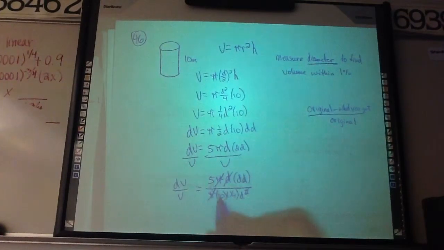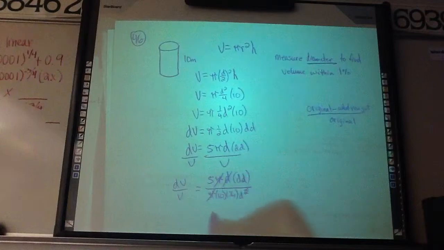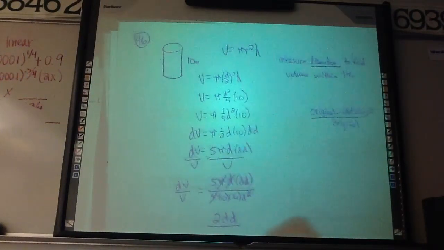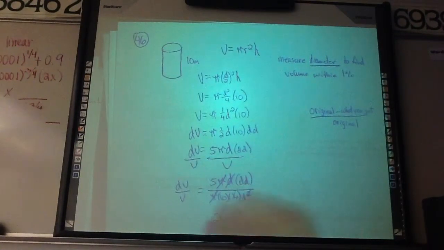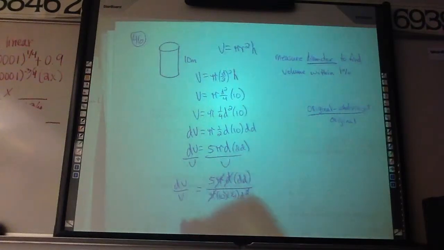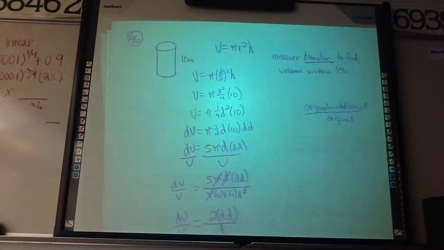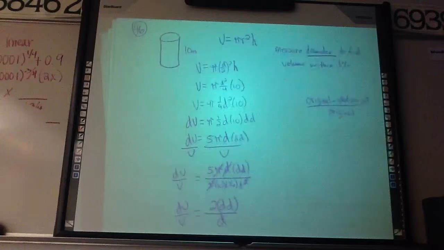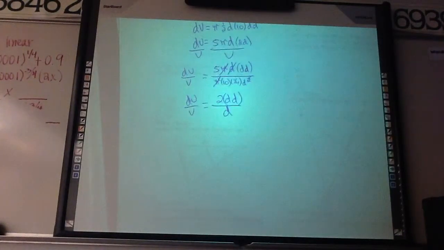So 10 times a fourth is 2.5, and 5 divided by 2.5 is 2. So it'd be 2 dd over d. Flip and multiply: 5 over 2.5 is 2. Got it.